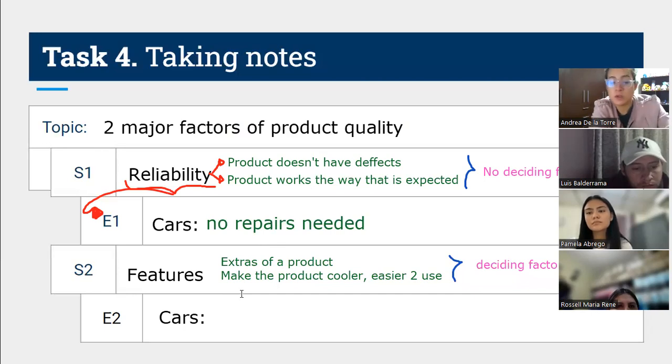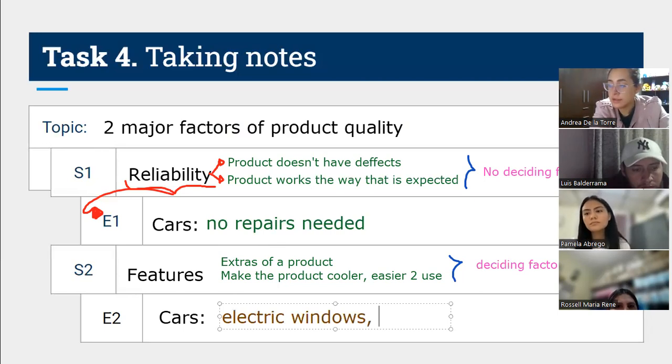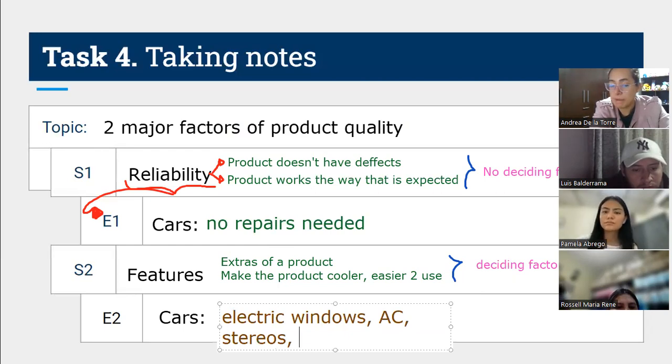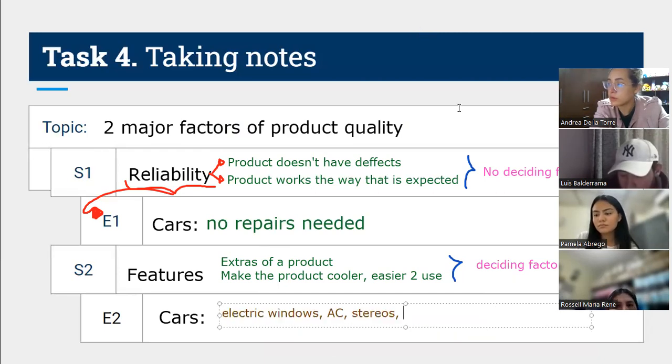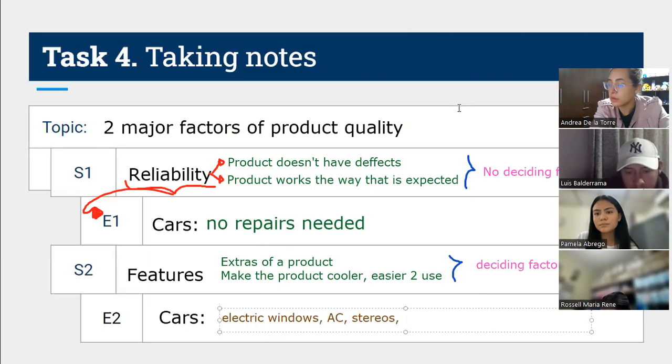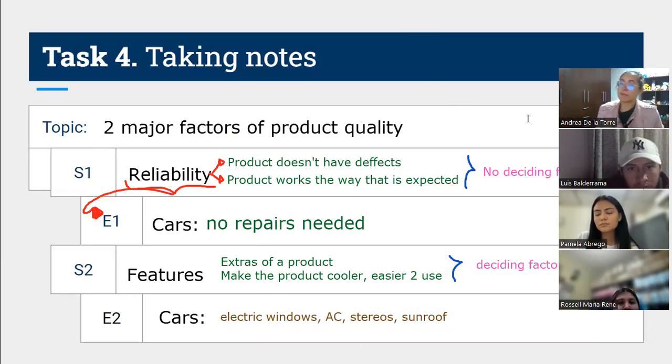The professor mentions automatic electric windows, air conditioning, I think, stereos. I don't know what else was mentioned. Do you guys remember? What do you have in your notes? Sunroof? Okay, those were a couple of them. The professor gives examples of the features that a car can have.